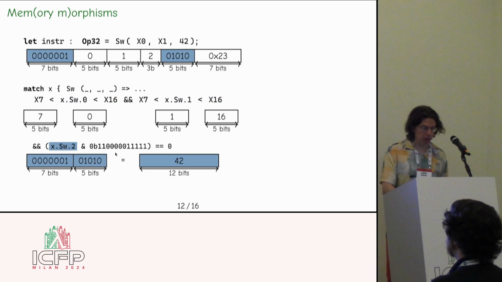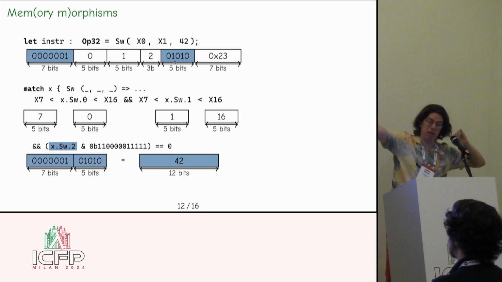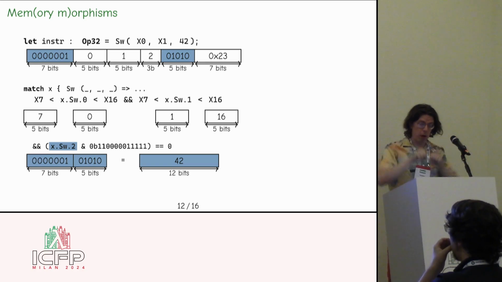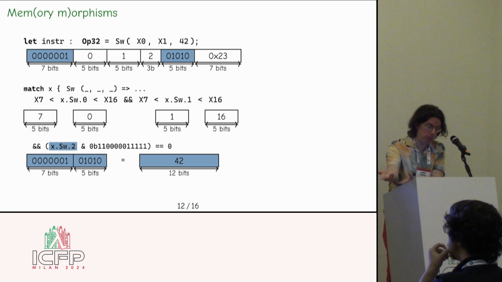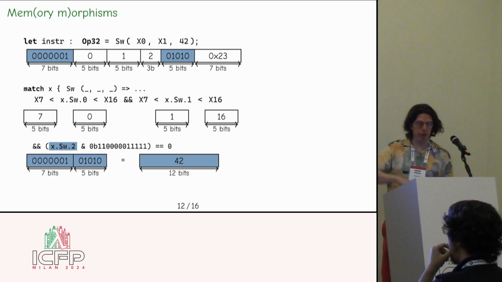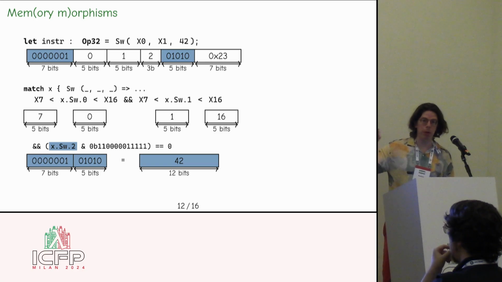And finally, here I have another test which looks at the value of the offset of store word. And in this case, this is split over two parts: there are 5 bits at the beginning and 7 bits at the end. And so I have to fetch both, glue them together, and create a new value that I can then use. On integers, this is pretty easy. In practice, this can happen over arbitrary representations.